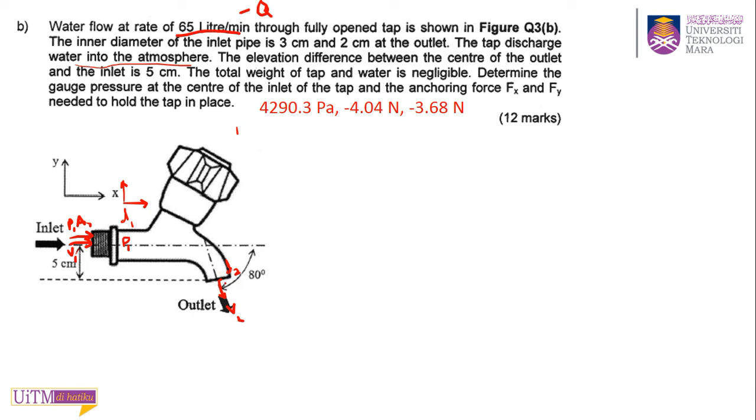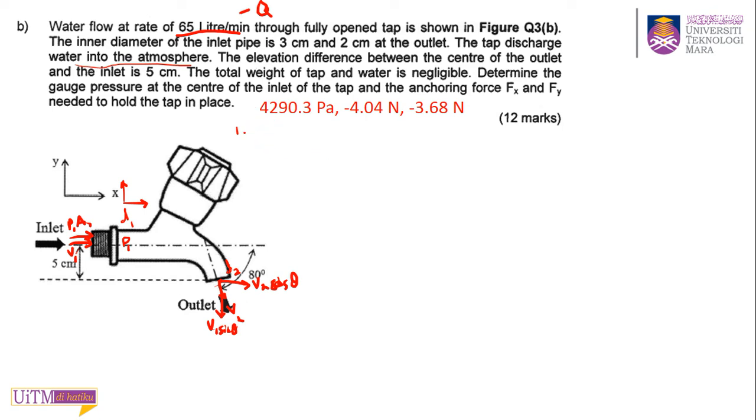Because you have this angle, you have V2 cos theta and V2 sin theta. V1 has no angle. So that's all your forces, and now you can start solving your problem.